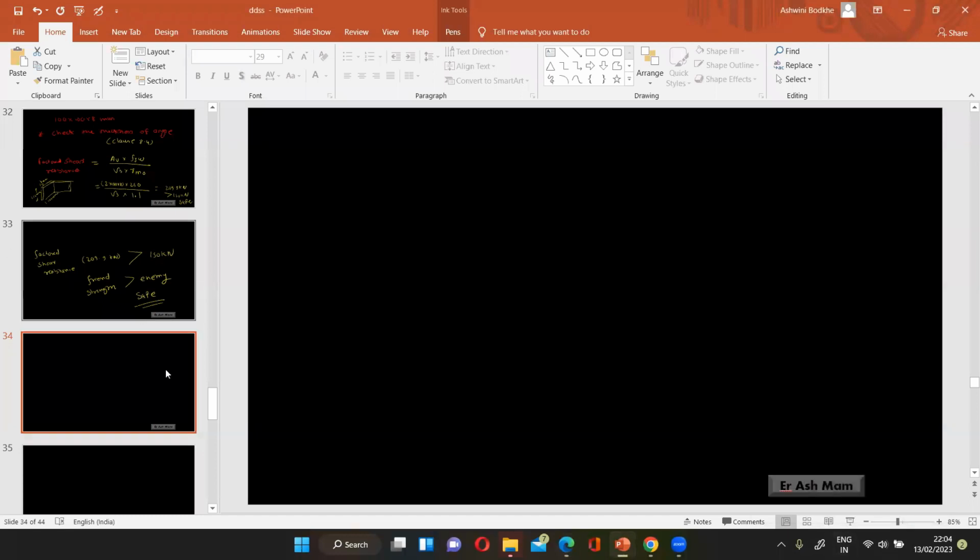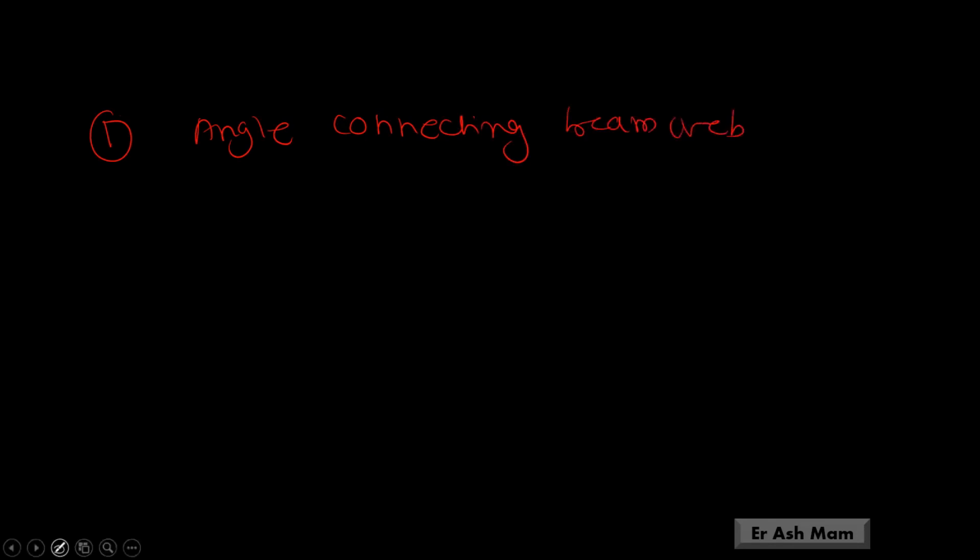Right. A summary of this numerical. First step, angle connecting beam web.